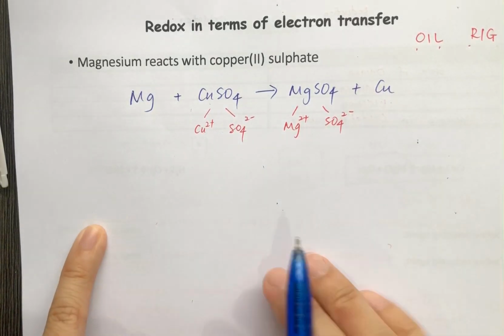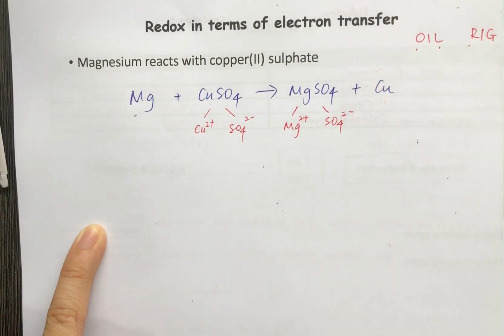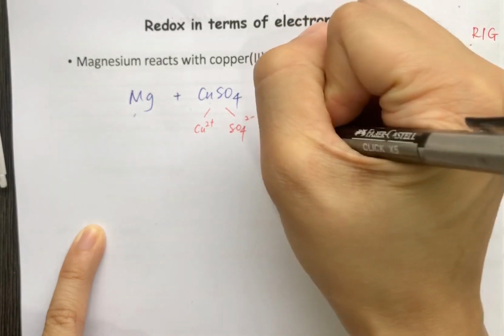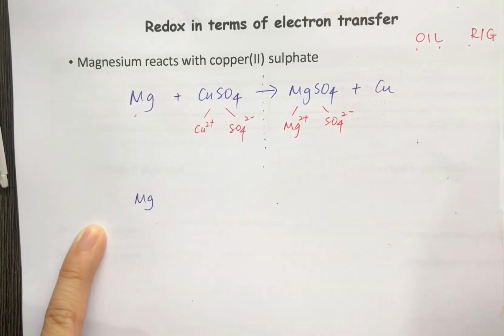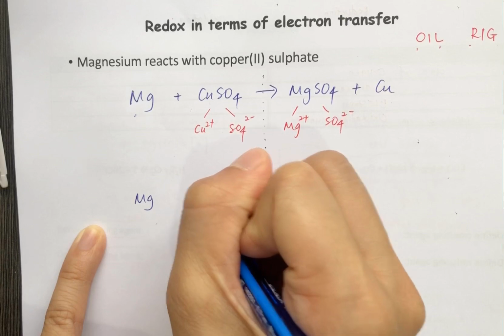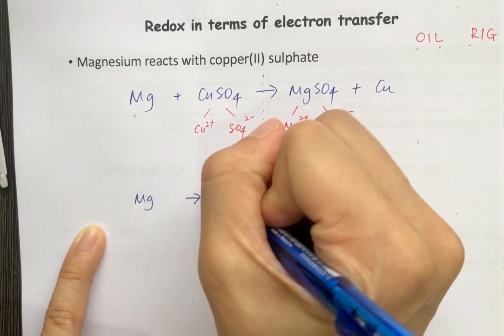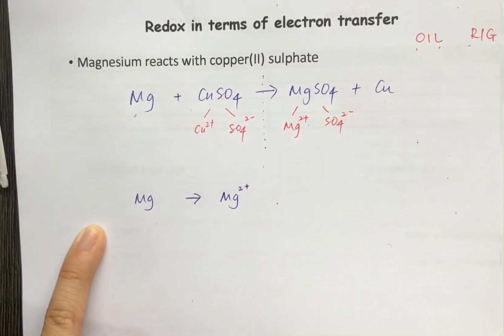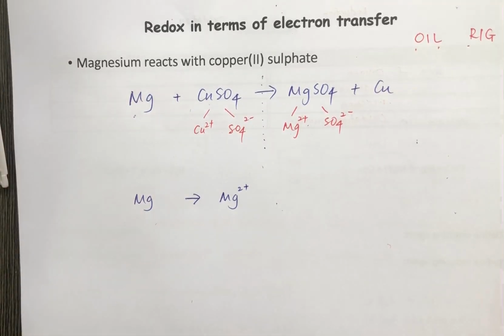Now let's look at my Mg first. Before the experiment, I have Mg. After the experiment, it has become Mg2+. When I write the half equation, do I put my electron on the left-hand side or right-hand side?